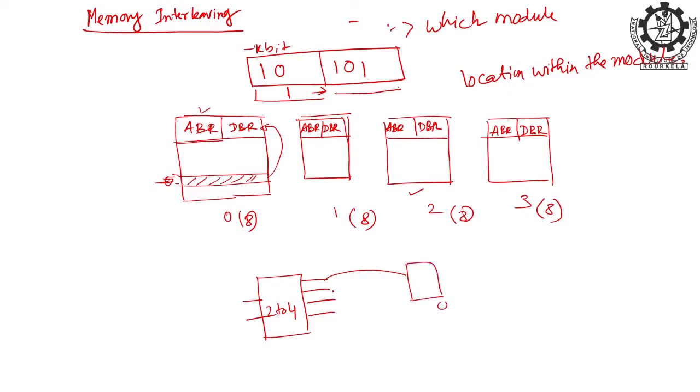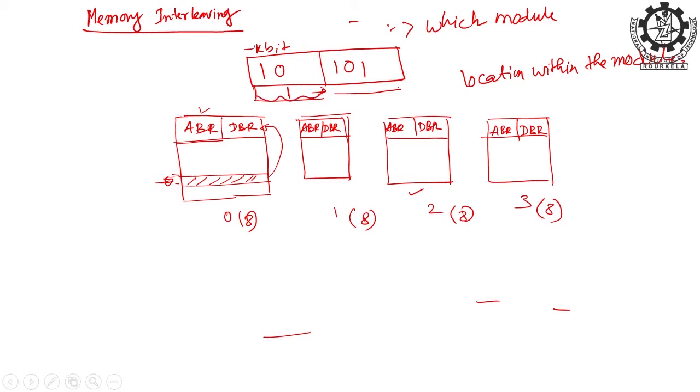This will select module 0, this will be connected with module 1, this with module 2, and so on. Instead of showing this detailed circuit, we can show it like this: this particular k bit will identify which module, and this one will identify the location within the module.